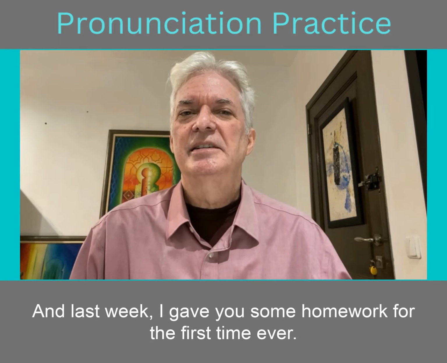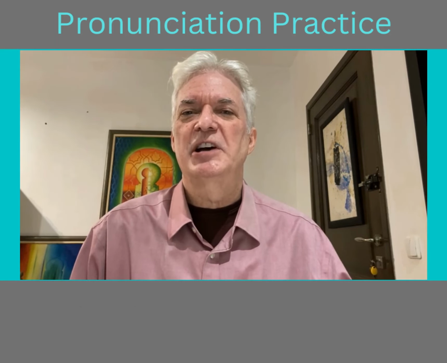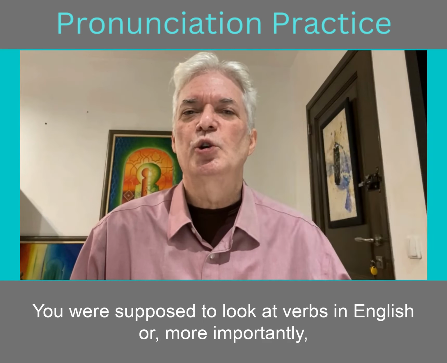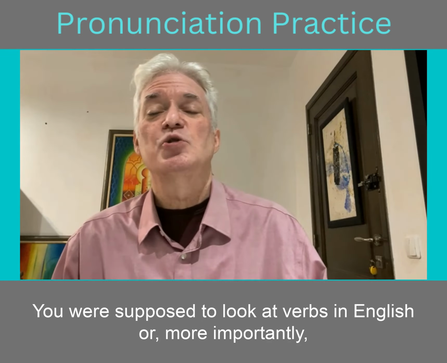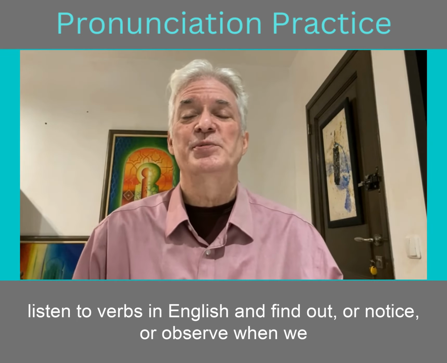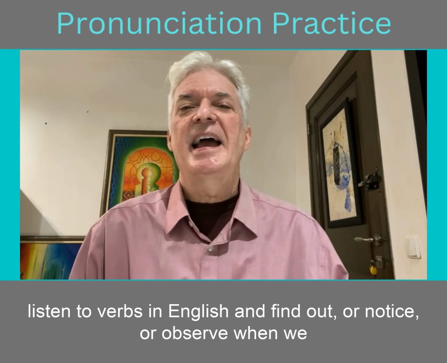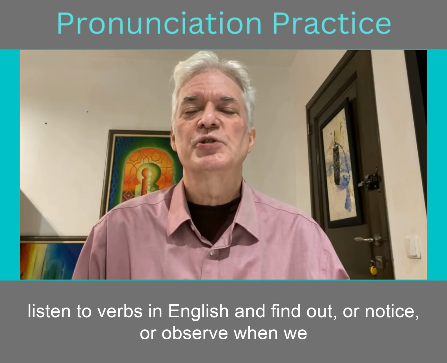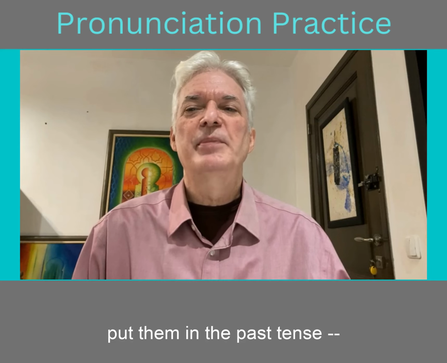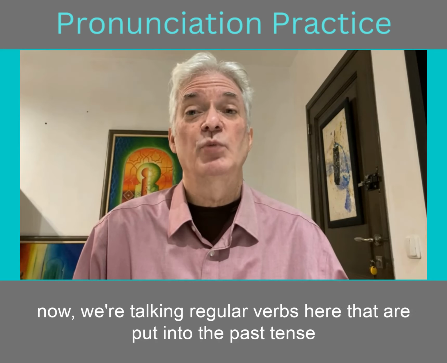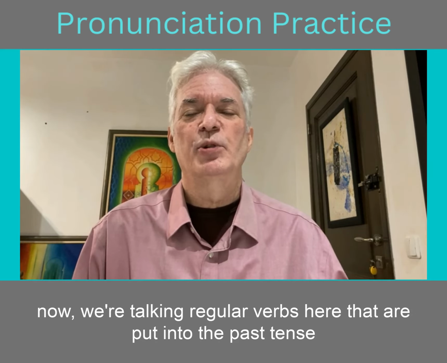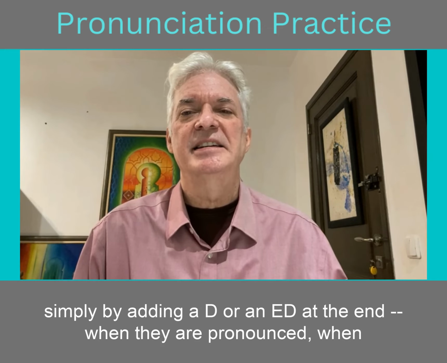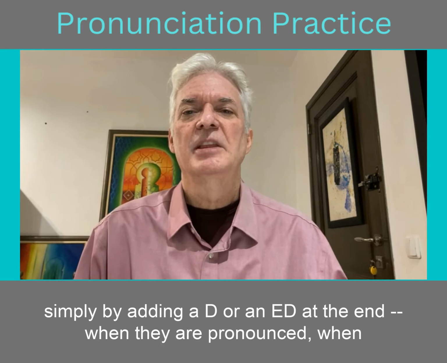And last week, I gave you some homework for the first time ever. You were supposed to look at verbs in English, or more importantly, listen to verbs in English, and notice when we put them in the past tense. We're talking regular verbs here, that are put into the past tense simply by adding a D or an ED at the end.